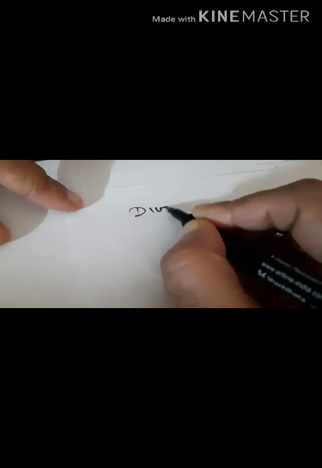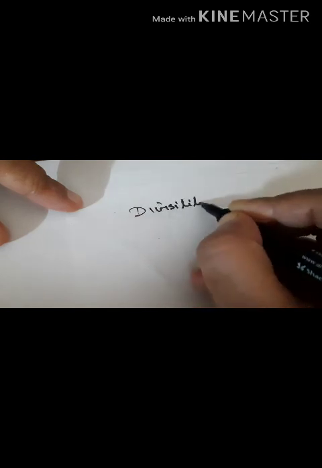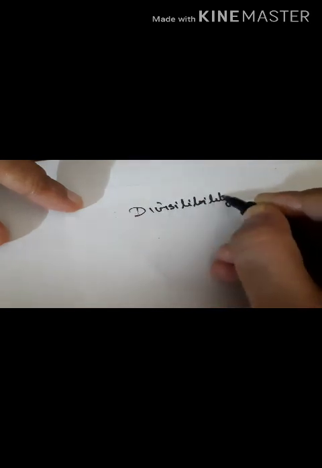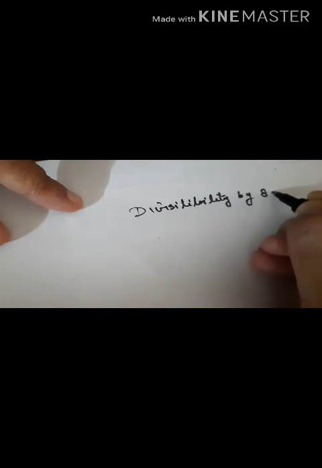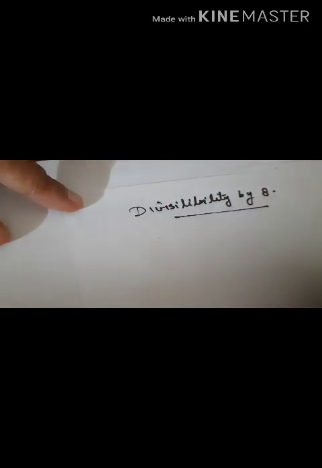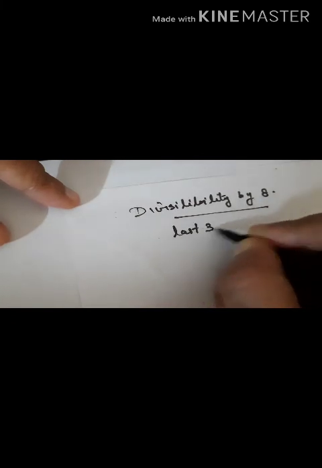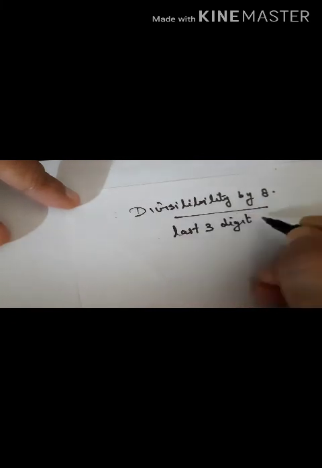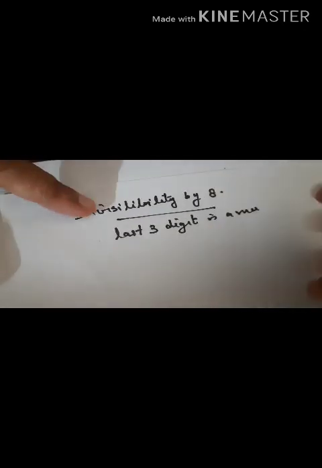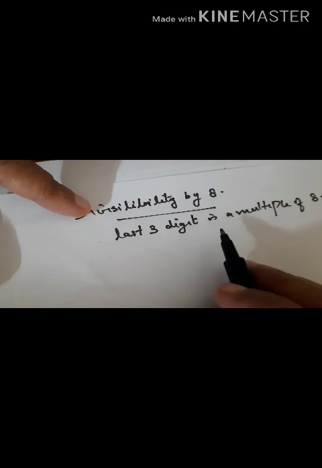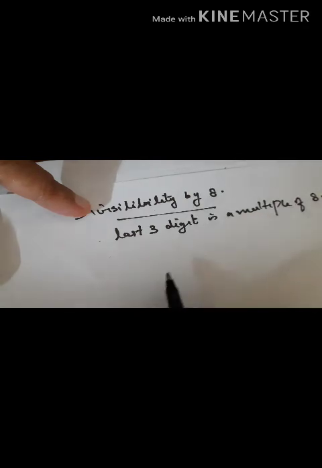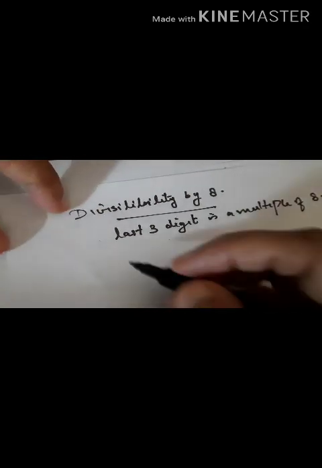Next is divisibility by 8. To find whether a given number is divisible by 8, its last 3 digits must be a multiple of 8. Then you can say that it is divisible by 8.